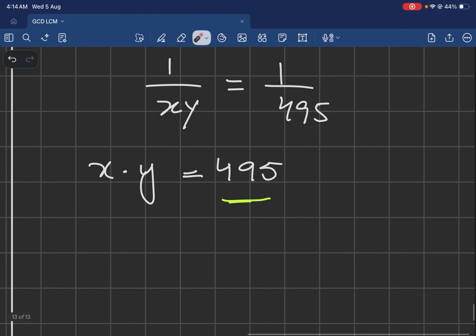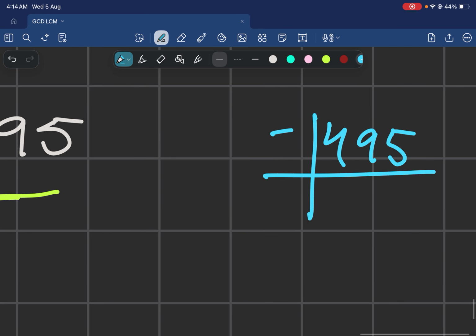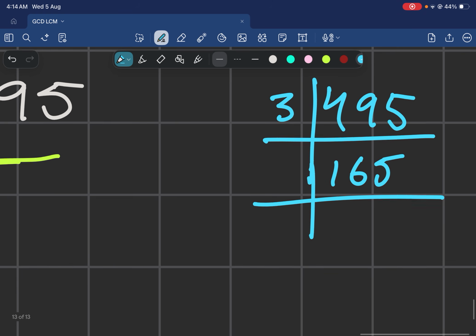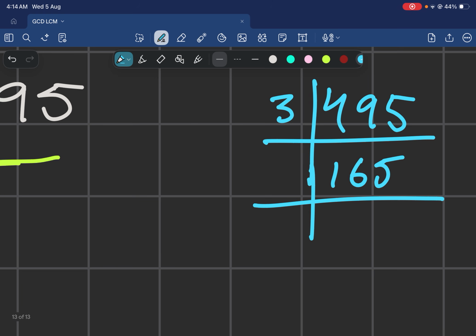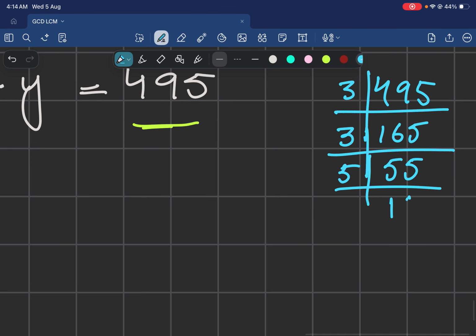Because GCD of X and Y is equal to 1, right? So let's factorize 495. Let's try dividing by 3: 3 times 165, then 3 times 55, and then 5 times 11.